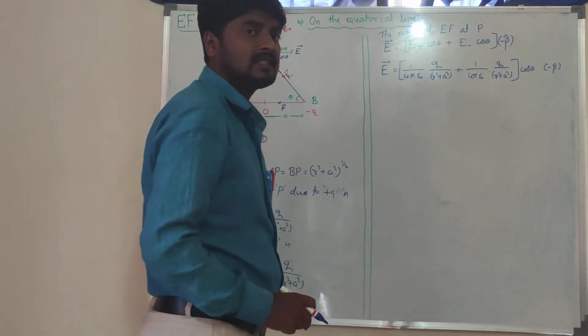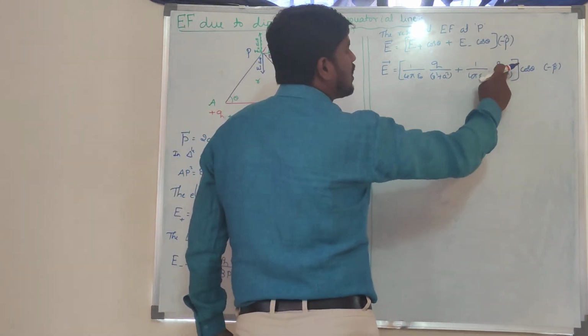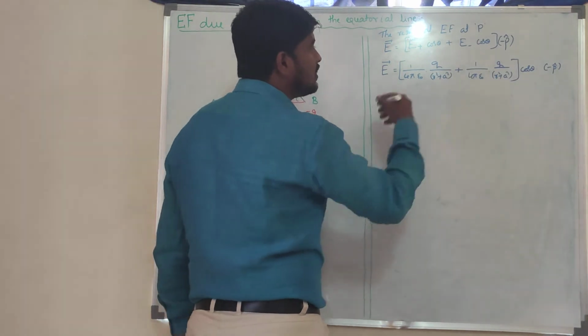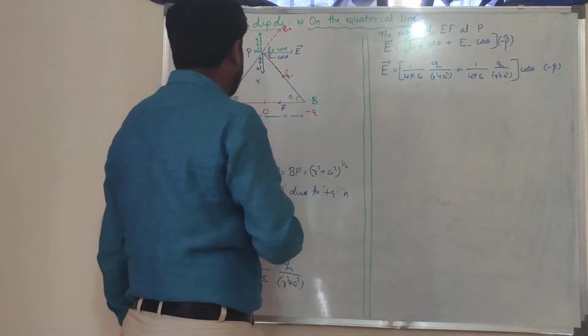Look at this, both have the same value. That means there are two times, so it becomes 2 times 1 by 4 pi epsilon naught q by r square plus a square. So now I will preserve this equation for the time being, then I will define what cos theta is.